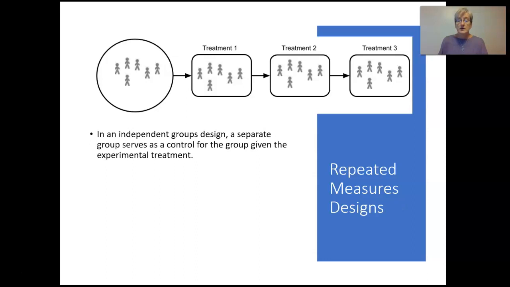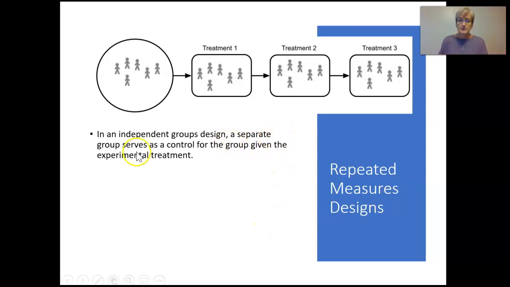So first off, let's revisit what we learned about independent groups designs. The independent part means you're randomly assigning, or people come in with a characteristic that naturally assigns them to separate groups. So you have different groups of people representing different conditions in an experiment or a study.